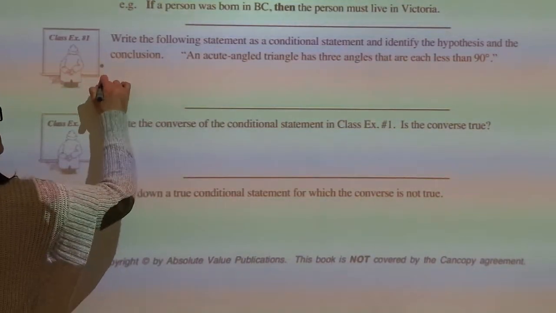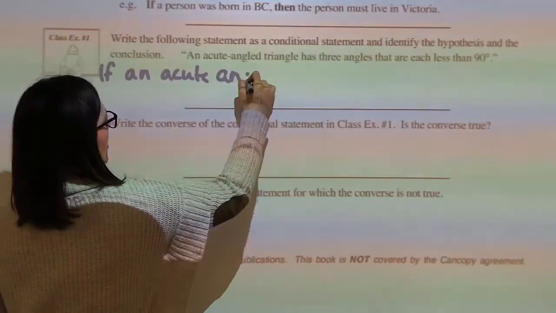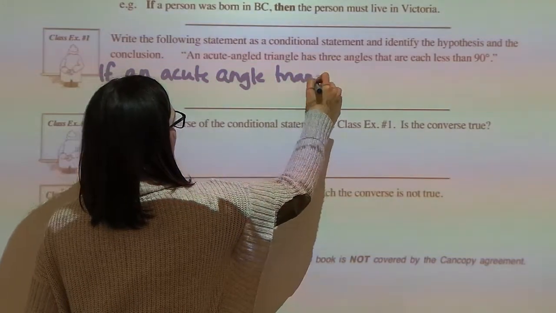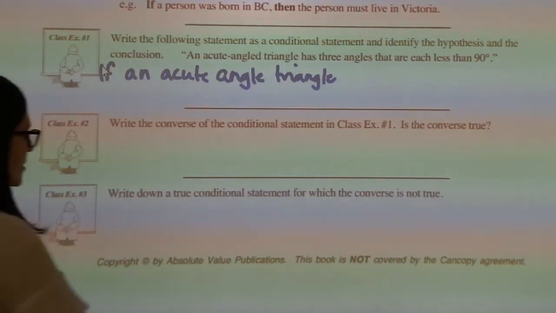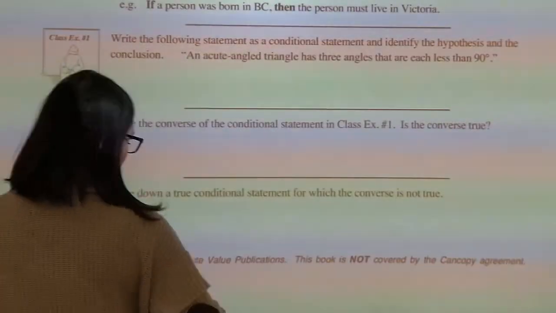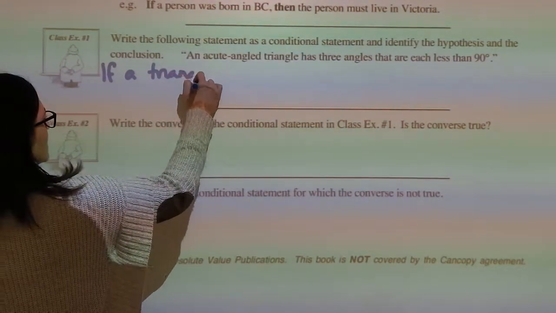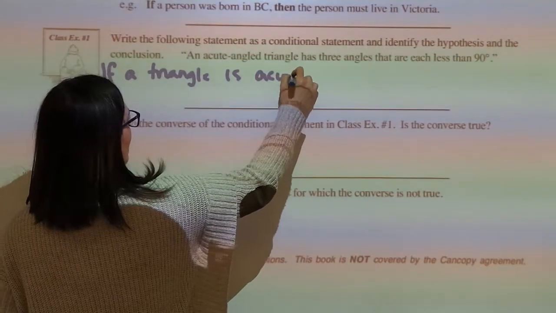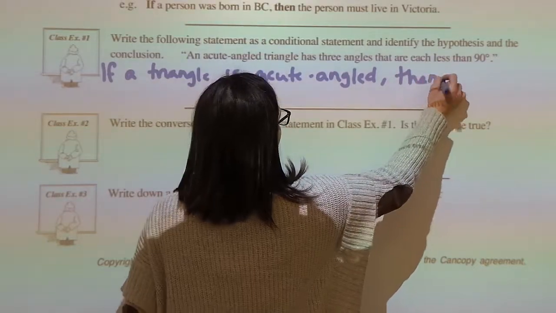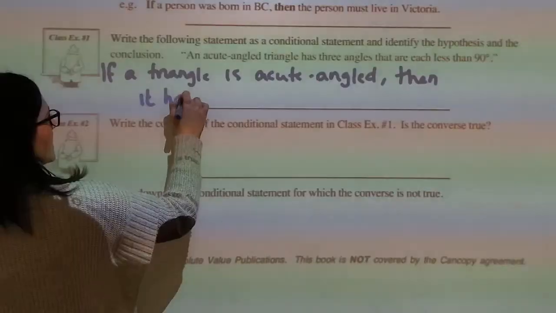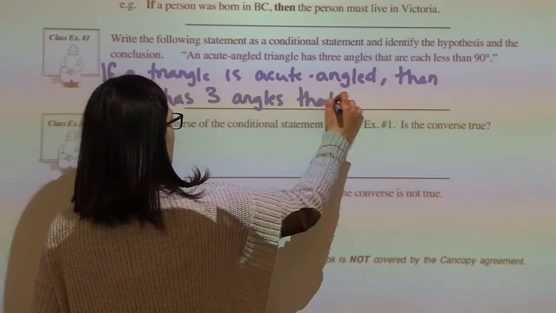So if a triangle is acute angled, then it has three angles that are each less than 90.